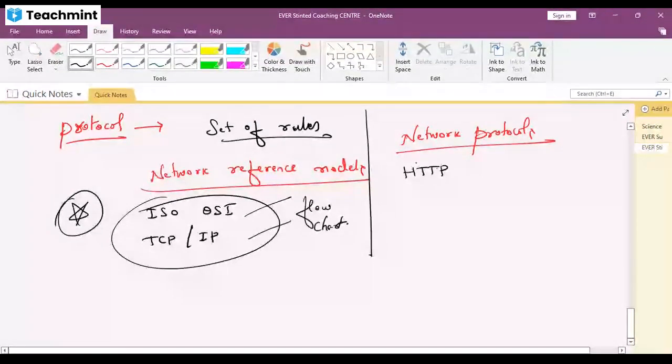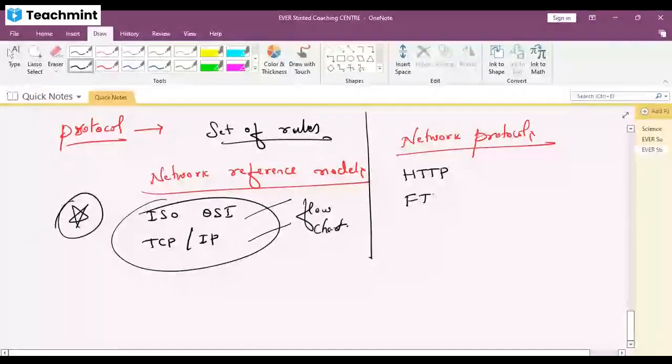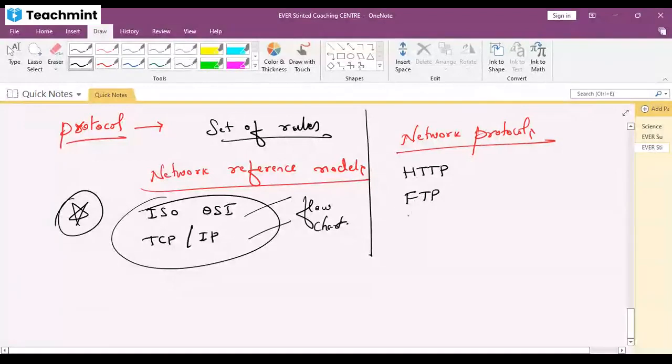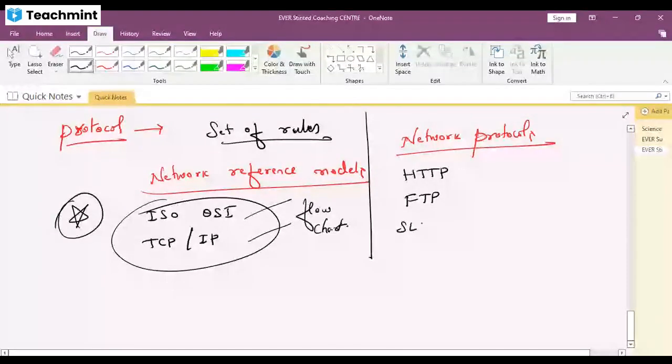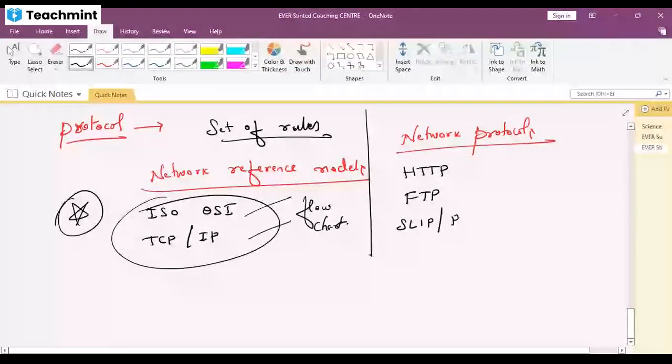I think if you have browsed the internet, Google Chrome or something, we can see in the beginning the word starts with HTTP like this. That is a network protocol. The other one is FTP, and the next is SLIP or PPP. These are the network protocols.